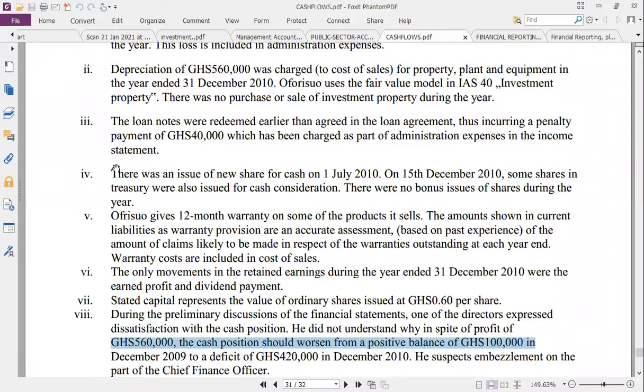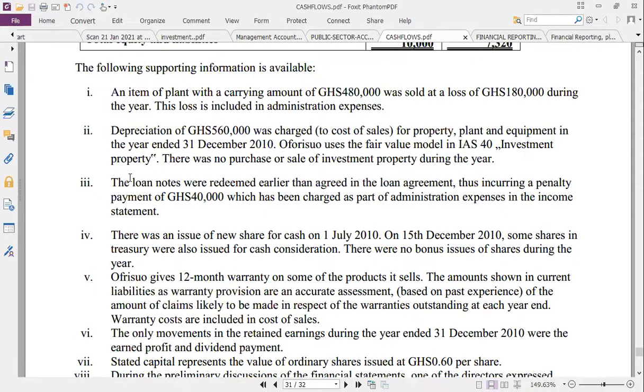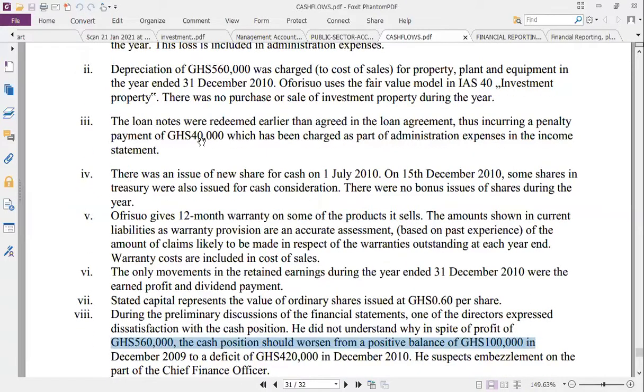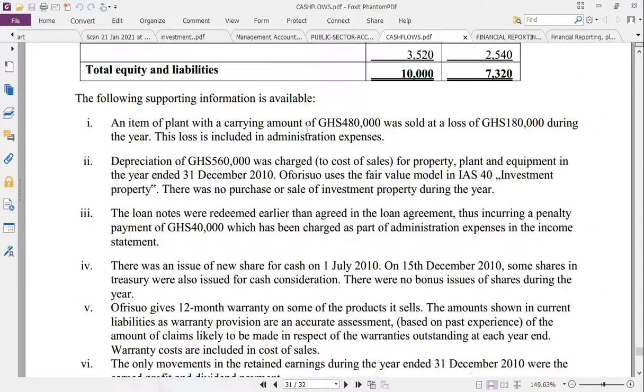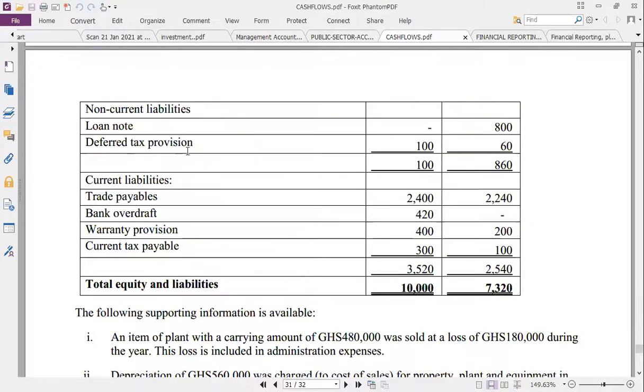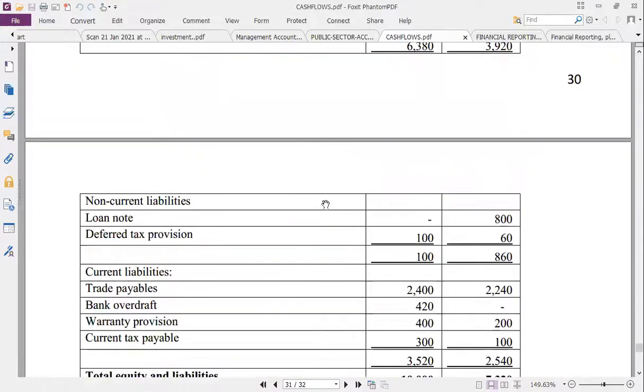An example could be the repayment of the loan. We pay the loan; the loan was redeemed earlier than agreed. Go to the financial position: there's a loan of 800,000 here, and at the end of the day it's cash, meaning you paid everything.